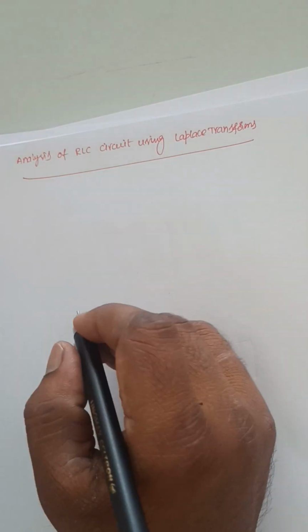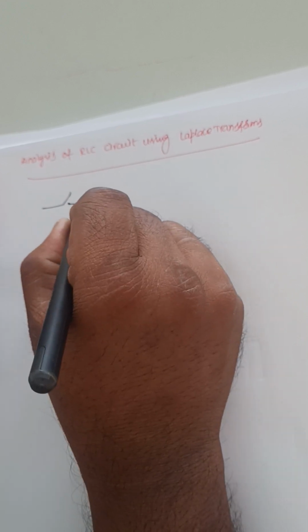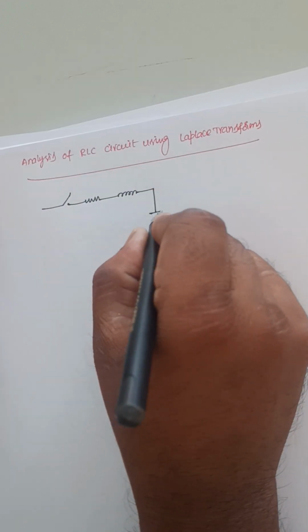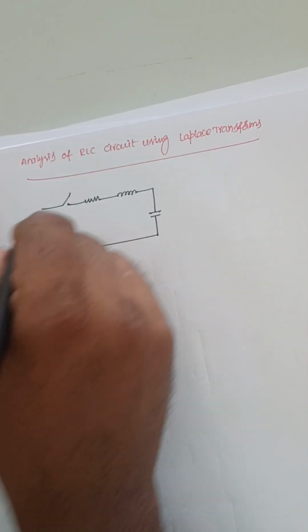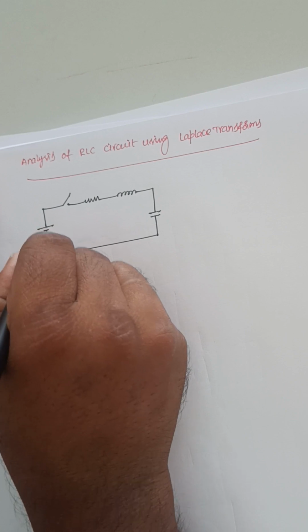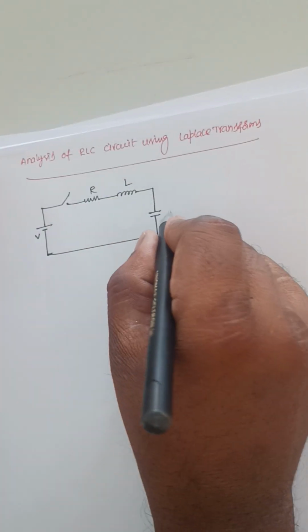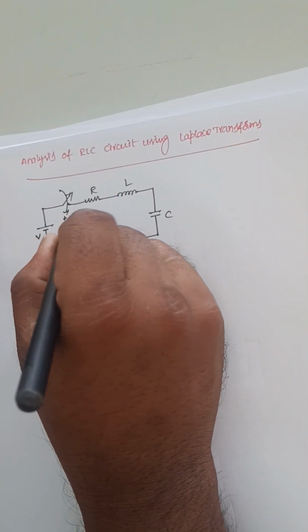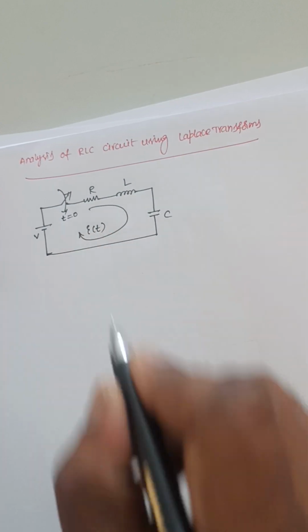Draw the RLC circuit, whose supply is controlled by this switch. Apply the supply voltage source V, it is R, L, C, and the switch is closed at t is equal to 0, so that the current will circulate through this loop as I of t.